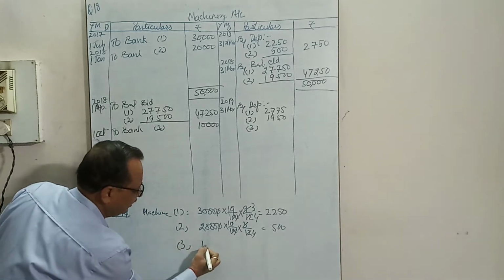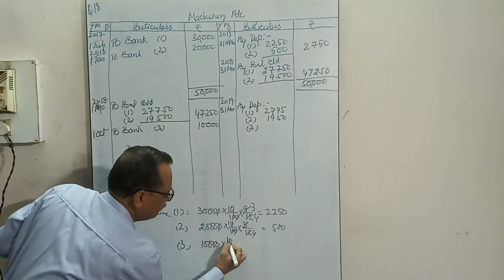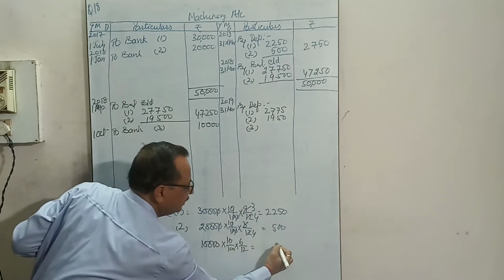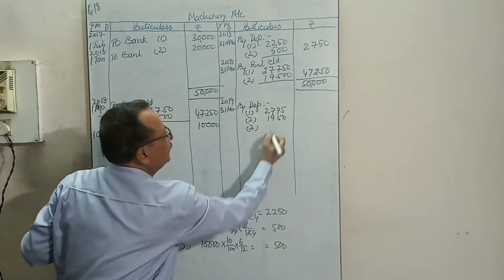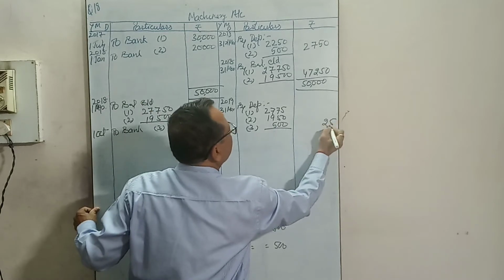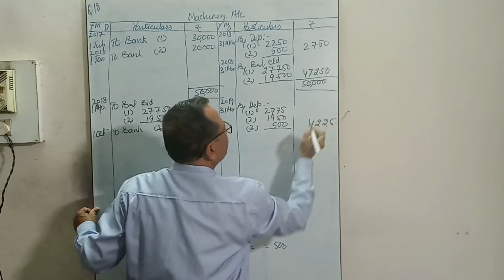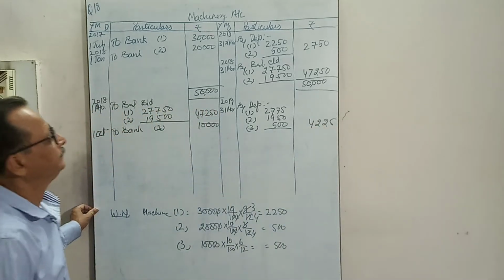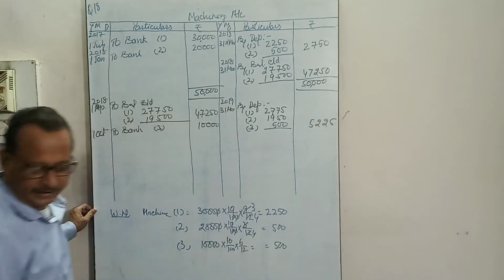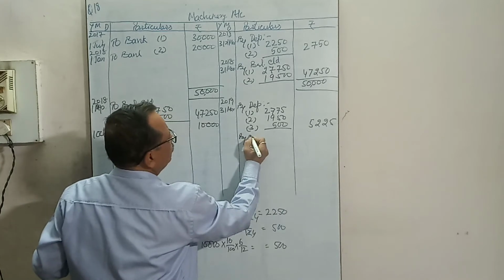Machine number 3, in the first year of the purchase of machinery number 3, 10% and for 6 months, this is 500. Total 5,225. Now balance on 31st March 2019.